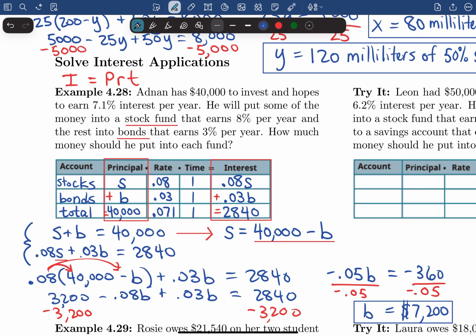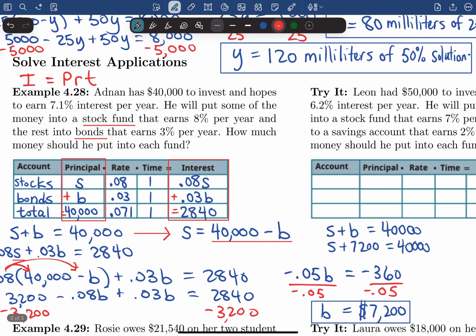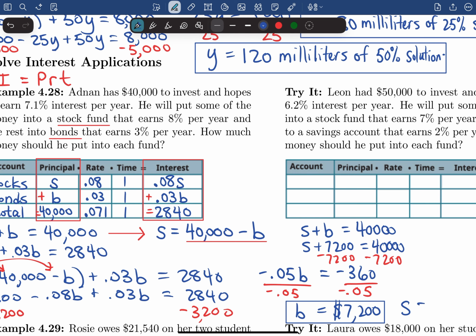Let's do it. We'll take this easy equation, S plus B equals 40,000, and we will replace B with 7,200. And now we'll subtract 7,200 from left to right, and we'll find the amount of money to put into stocks.